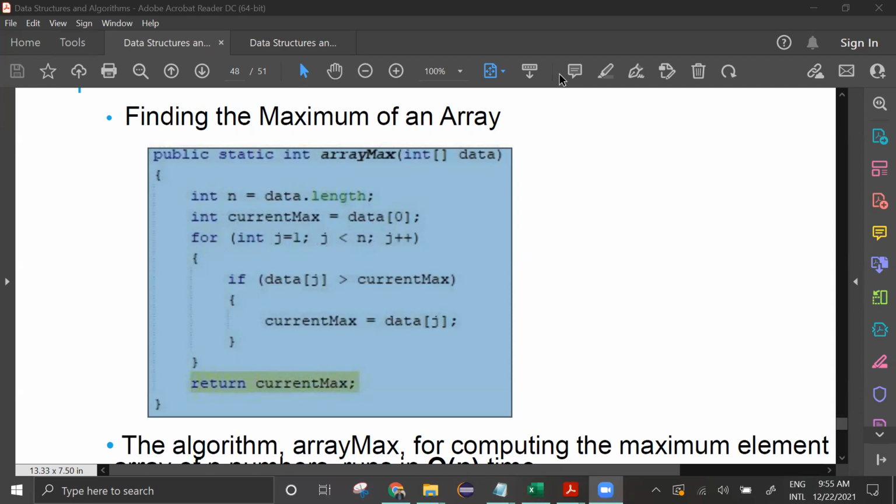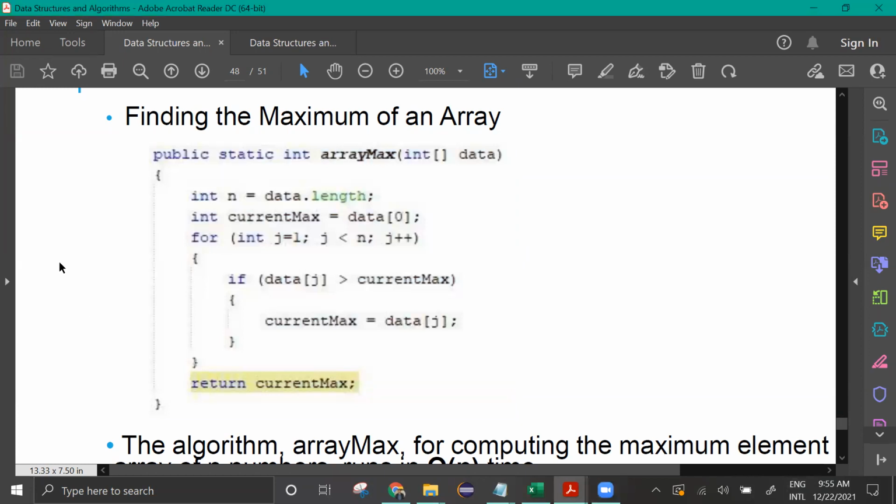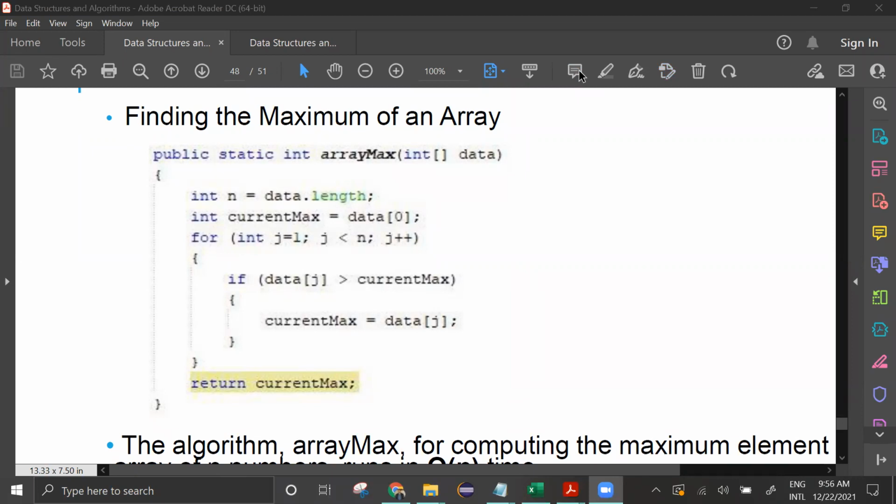Can you explain why it is big O n? Why is that?